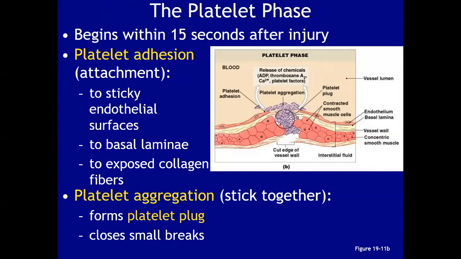so now that we've got that going on, the platelet phase is going to pick up. And the reason the platelet phase occurs is because of the chemicals that are released by those endothelial cells, okay? And the platelet phase is going to begin about 15 seconds after the injury. So we initiate that vascular phase, and then 15 seconds later, we're going to crank up the platelet phase, okay?